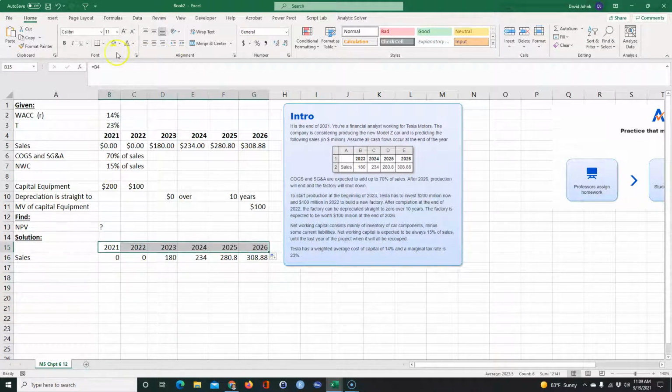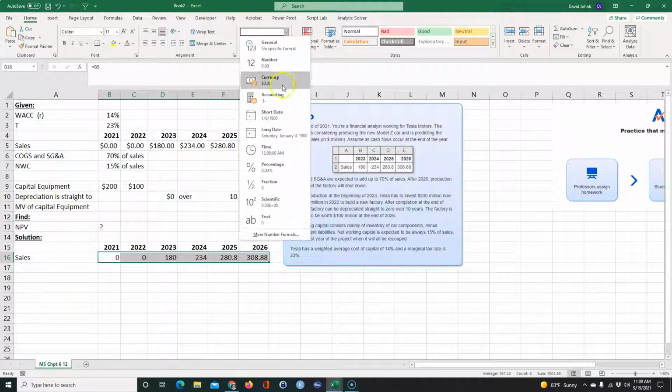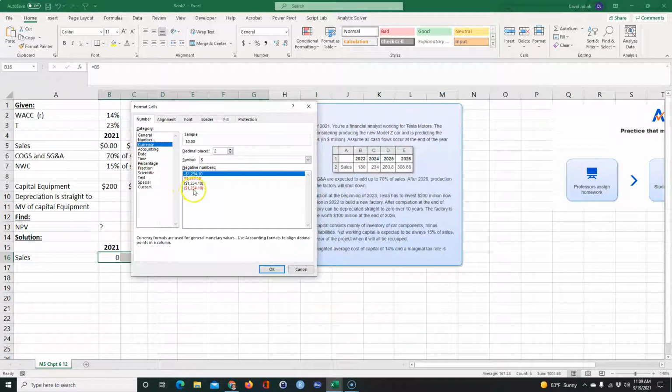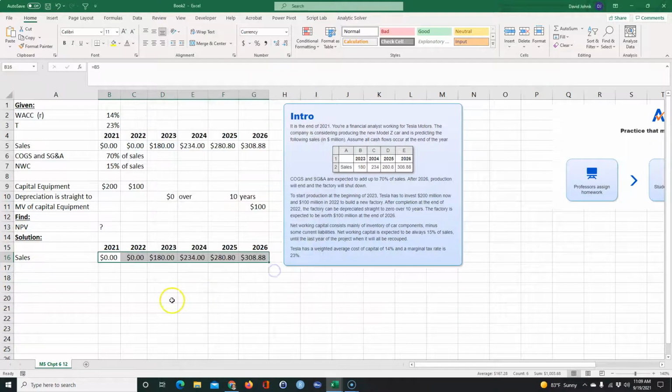And we can go ahead and make the years bold. And we can format this as dollars. Now, I usually like to format it as currency, but I like to do it as a special currency. I like to have red. I like this bottom one for some reason, where if it's negative, it's red with parentheses around it. To me, I just like that one, so we'll use that one.